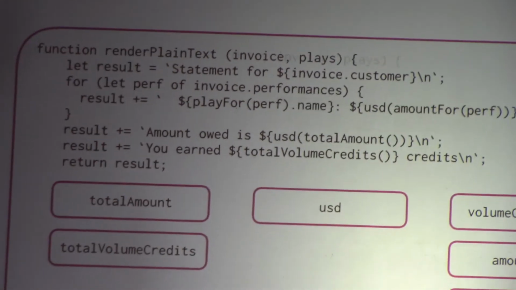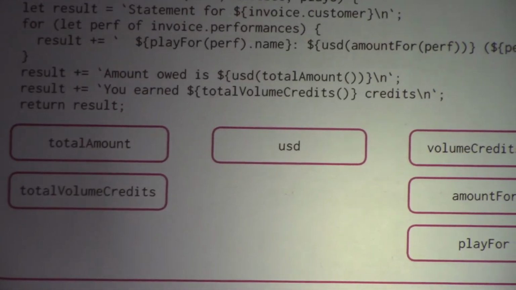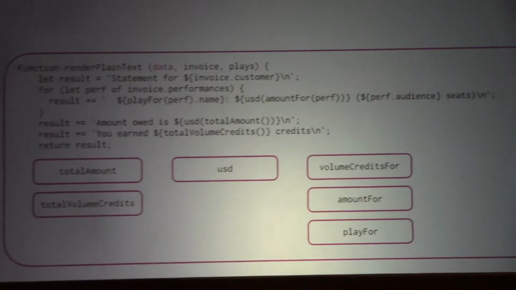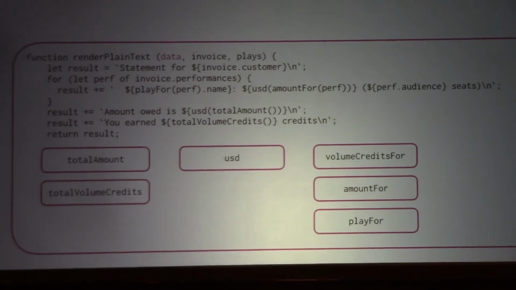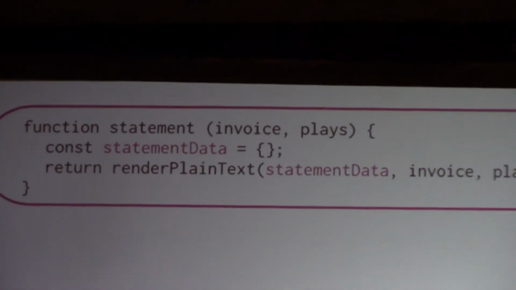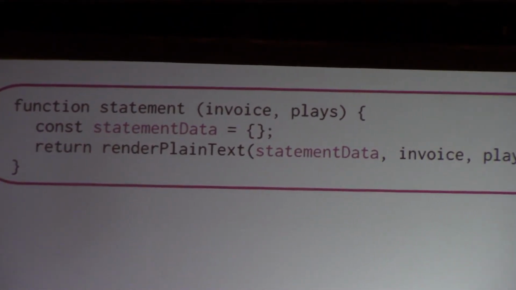The next thing we do is we create this intermediate data structure, which for the moment is just an empty dictionary, an empty JavaScript object. It doesn't really do anything, and we add it to this render plain text method. In time, we'll get rid of the other two arguments to render plain text and only use this intermediate data structure.